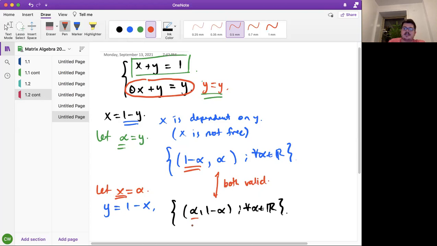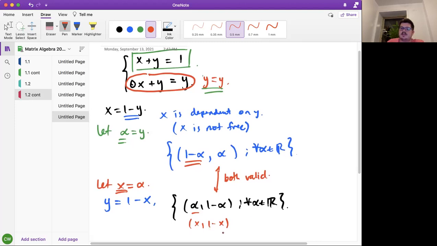In this case, I made x the alpha. If you solve for y, you get 1 minus x. And then if you solve for x here, you get 1 minus y.